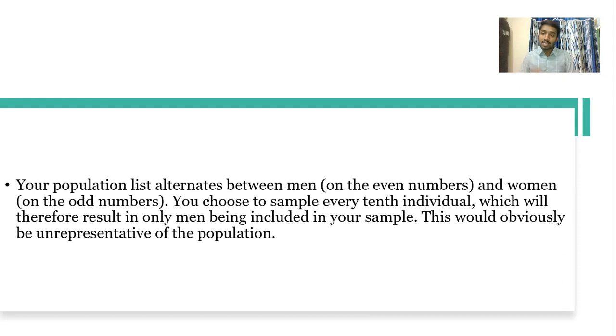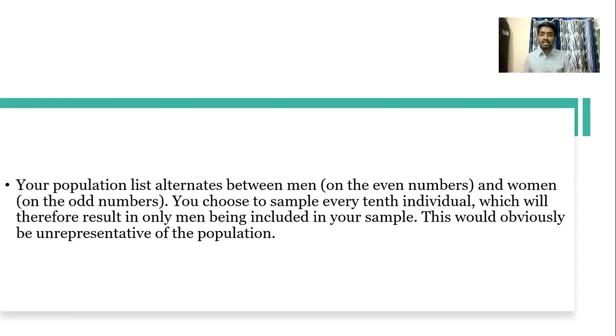So if everyone in our sample is a man, do you think our results are going to be effective? Do you think that study will have any value? It is going to be a biased study, because you are choosing only men here. Instead, you can choose a different number, like the 8th person, 9th person, or 11th person in the group.